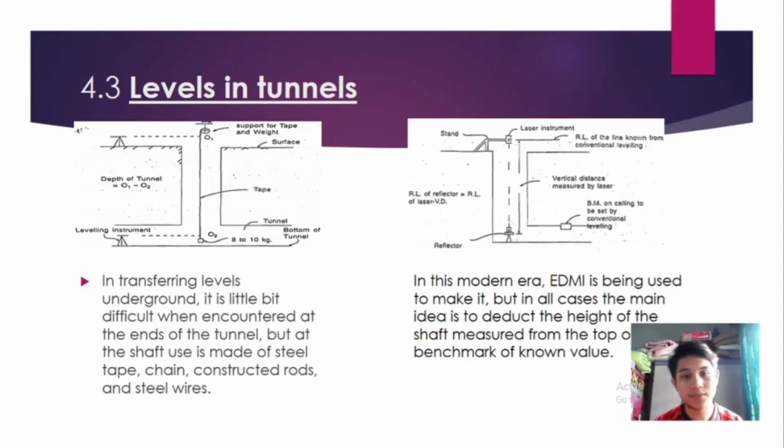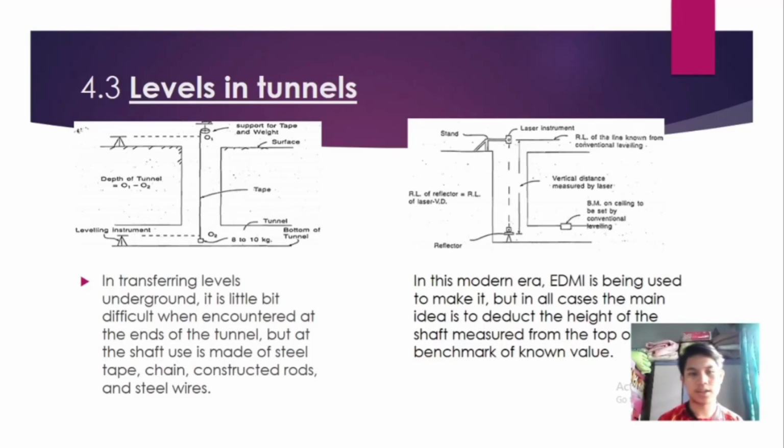Next is internal levels. To produce the internal levels, there are two ways: the old way and the newest way. The older way is using the tape, chain, constructed rods and steel wires.